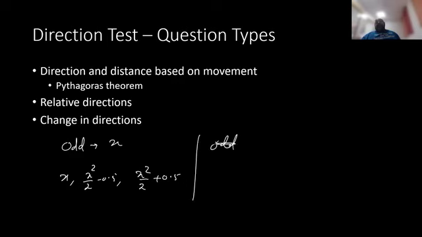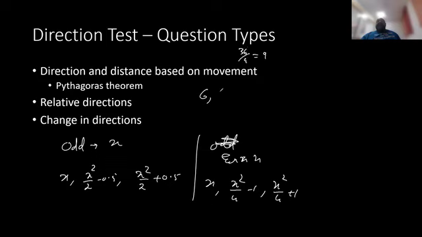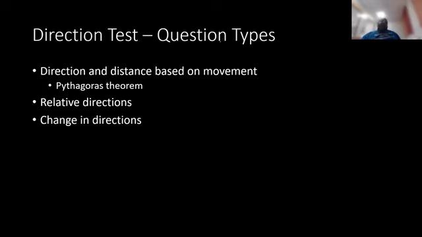If x were even, I will say x square by 4 minus 1, x square by 4 plus 1. Basically, say 6. 6 square is 36. 36 by 4 is 9. Minus 1, plus 1. One number can be part of more than one triplet. So these are just methods of writing triplets quickly.